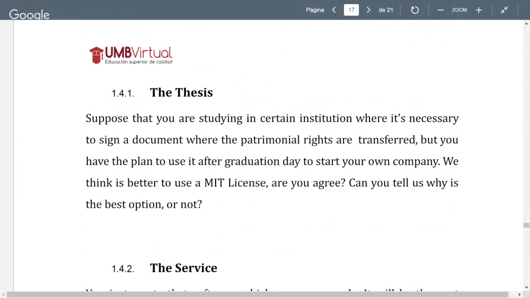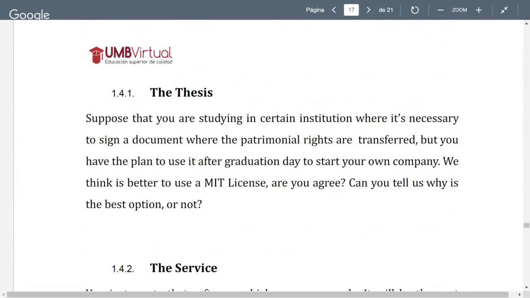Because you are actually competing with the whole world, right? If you have an MIT license, the whole world will have your code, will have your software, and can use it and can sell it. So how does this business work? Is it possible to make this business work? Is it economically viable or not? And why is it financially viable?